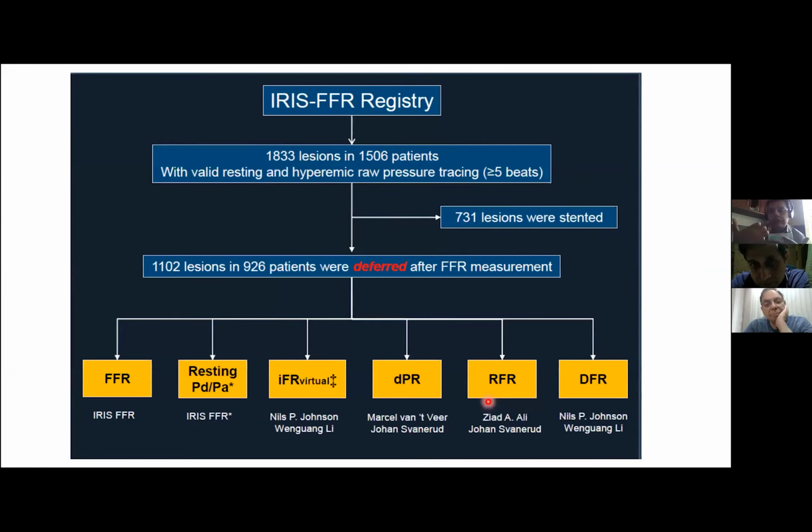Now, if you are wondering about what about outcome studies for the non-hyperemic pressure ratios, this Korean study, which was done in around 30 centers in Korea, this IRIS FFR study, they did FFR in all the patients, and they deferred it based on FFR value only. And offline, they calculated 5 indices: resting PD by PA, the virtual IFR, DPR, RFR, and TFR.